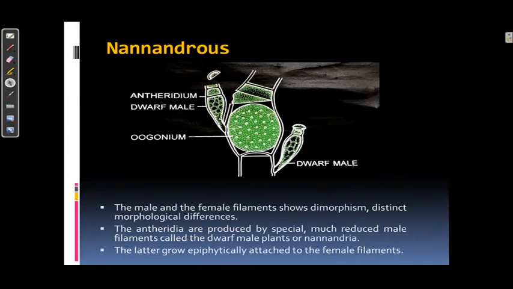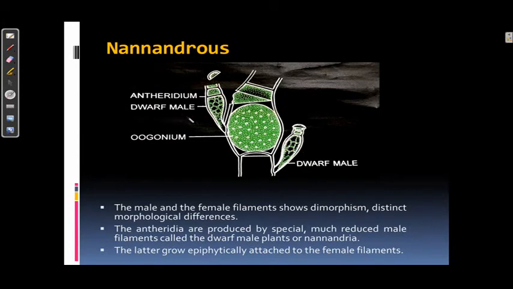On the other hand, in nannandrous species, the male and the female filaments show dimorphism and are morphologically different. The antheridia are borne by a special, very much reduced male filament which is called dwarf male or nannandrium.